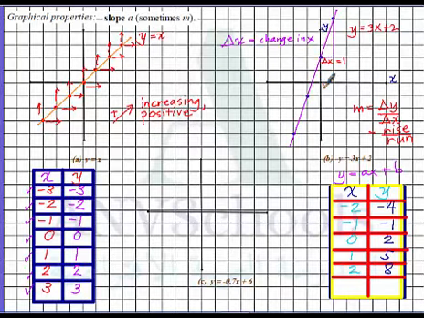And then it goes up. So upwards, you count from here, 1, 2, 3. So that's why your delta y is equal to 3.